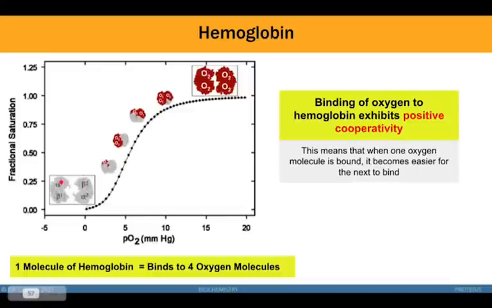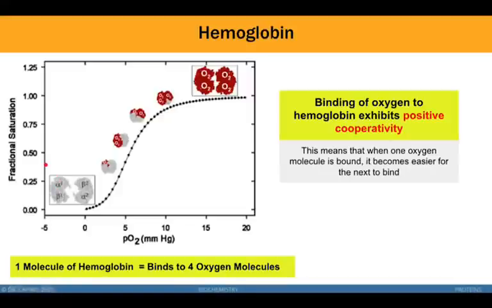As you can see, it consists of four polypeptides, two identical alpha and two identical beta. Each of these subunits has the capacity to bind to one oxygen molecule. That is why one molecule of hemoglobin can bind to four oxygen molecules.